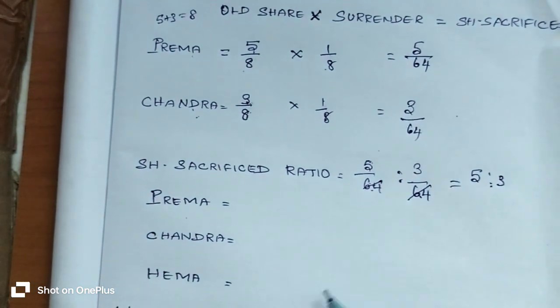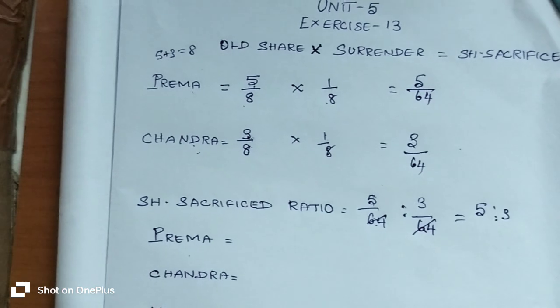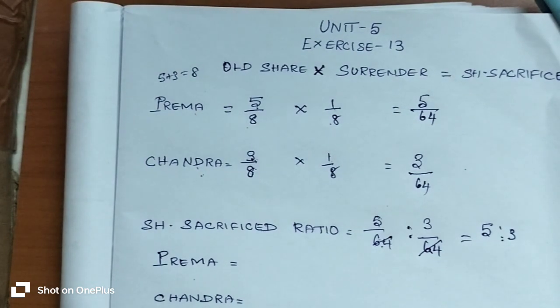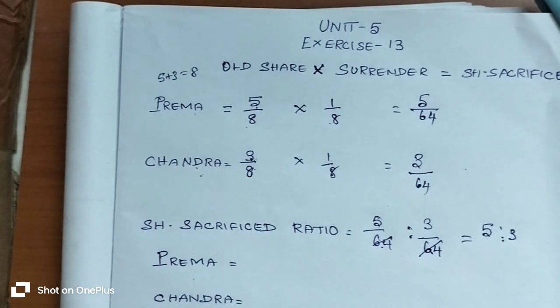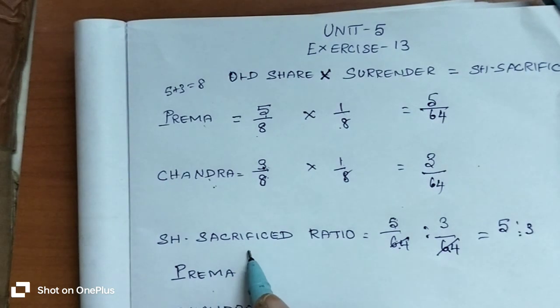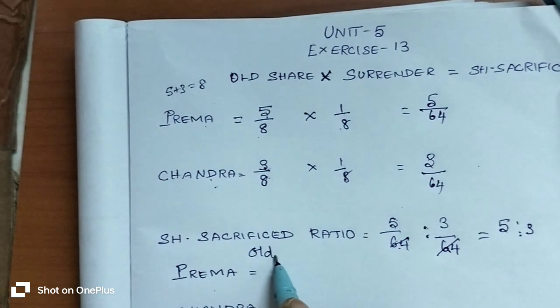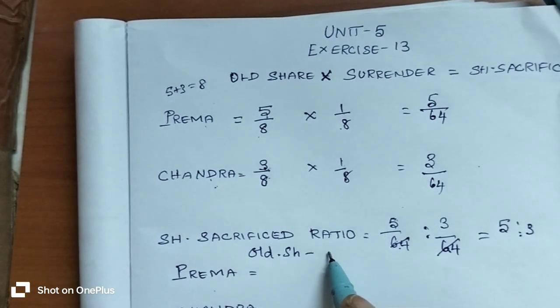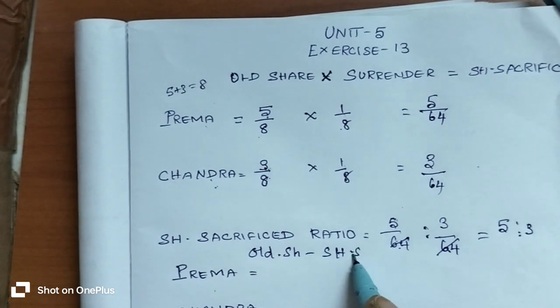Now we are going to find out the new profit sharing ratio. So how can we find out the new profit sharing ratio of old partner? It's very simple. We subtract old share minus sacrificing share.